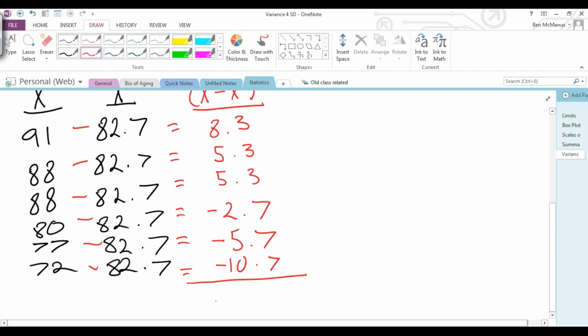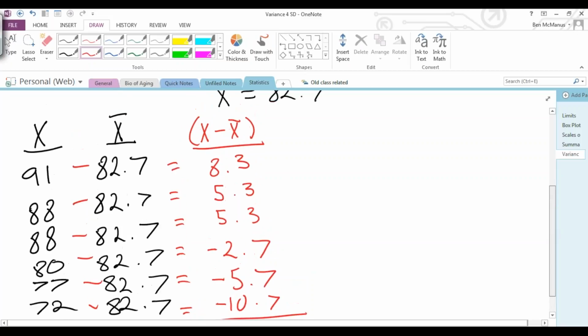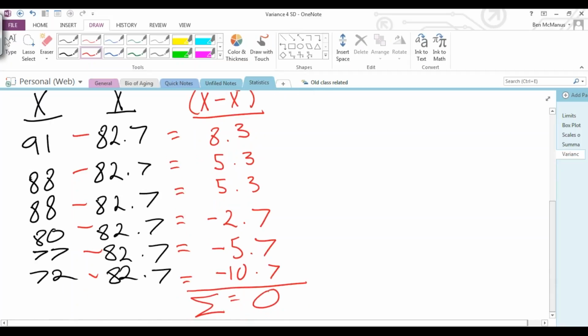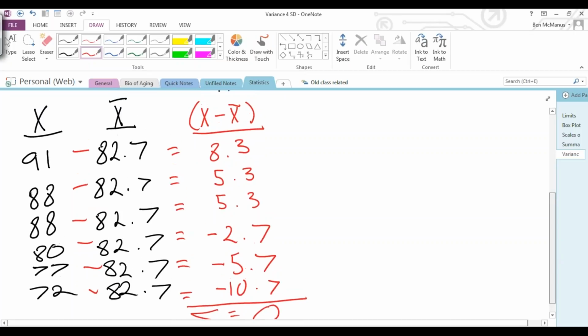There's a problem, because if you add all of these up, you get 0. The negatives cancel out all the positives. So what we want is some way to get rid of these negatives, because we can't accurately quantify the average distance between our data and the mean if they cancel each other out.